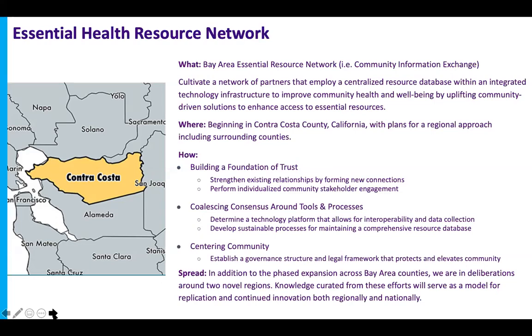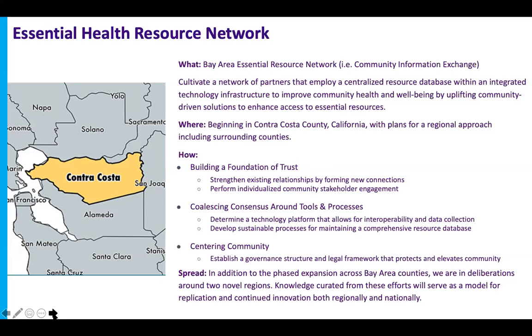Oftentimes we hear stories of patients or community members who are going into the community looking at resource information but are not connecting to the resources that they need. This was of vital importance when the whole county and the whole state was under shelter-in-place orders. So how do we, even in a virtual setting, create new processes to ensure that people are getting the resources they need in a safe way?